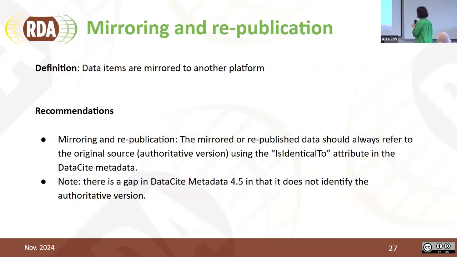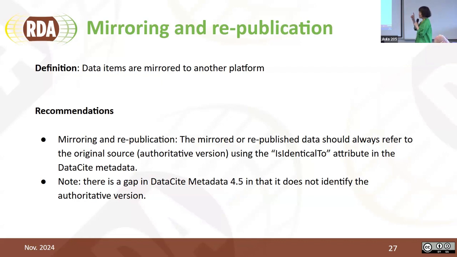For example, DataCite metadata has the relation type "is identical to" to link the authoritative version to the mirrored or republished version. But there is a gap in the current DataCite metadata version: it does not identify which one is authoritative.